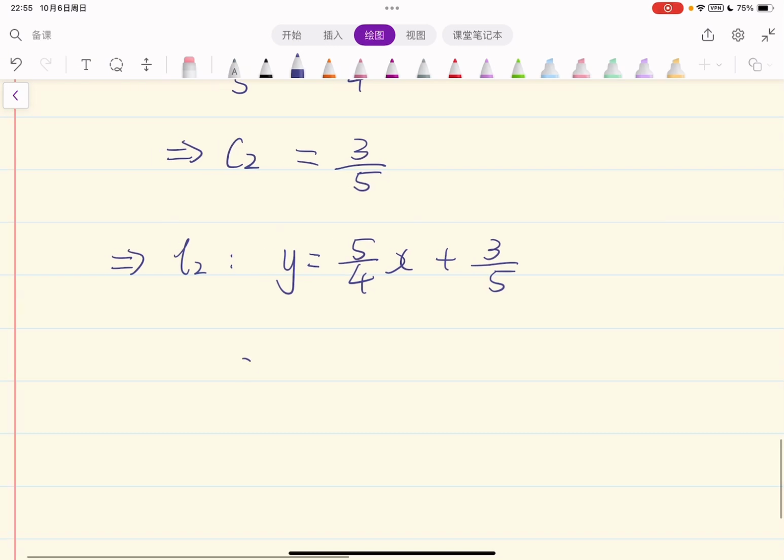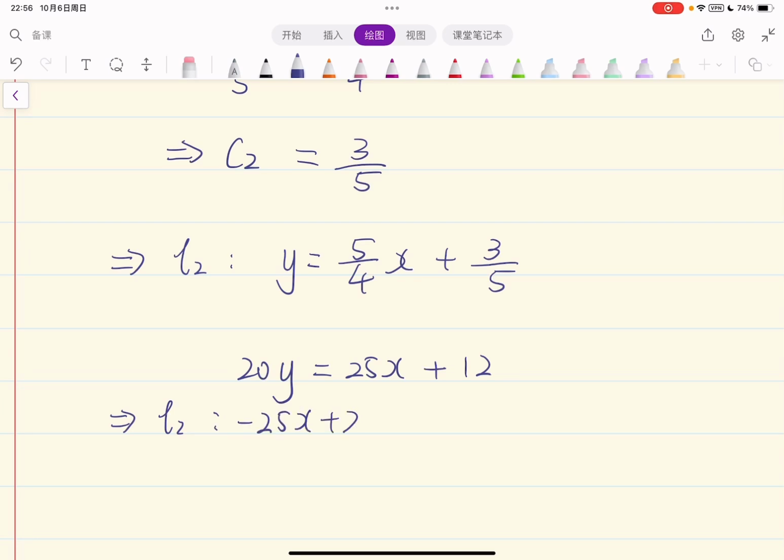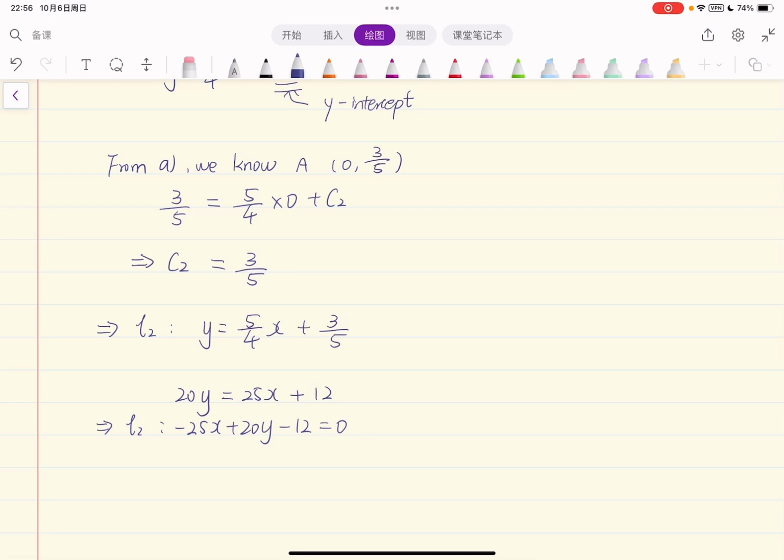So we have 20y equals 25x plus 12. L2 is the equation minus 25x plus 20y minus 12 equals 0. Now we have got the equation of L2.